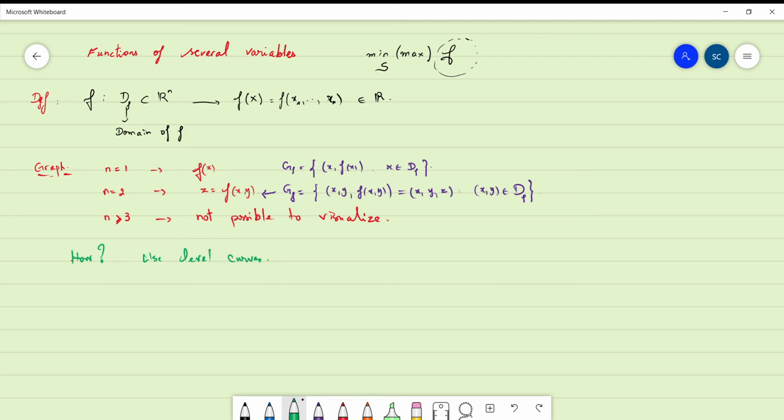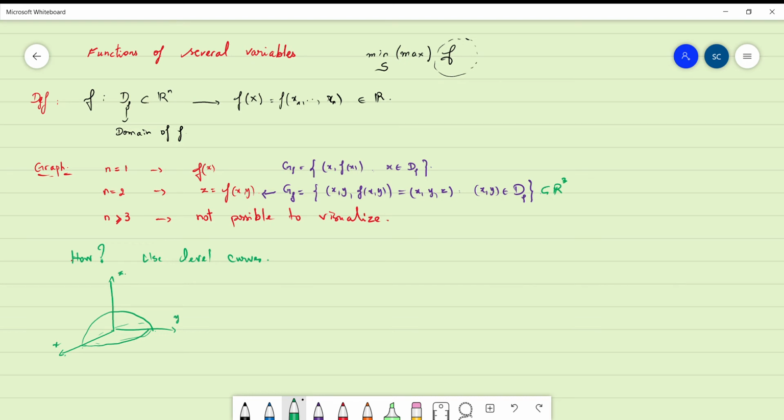We can imagine that if my graph is included in R3, then I am working in space. Suppose the graph of my function is half of a sphere.